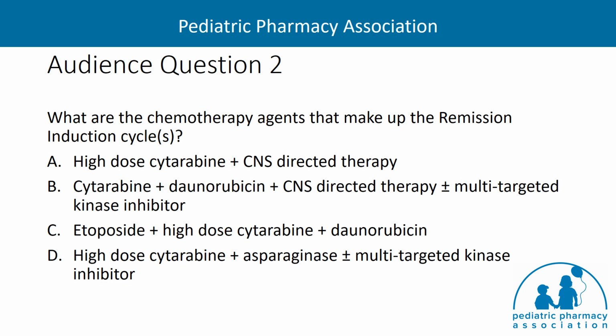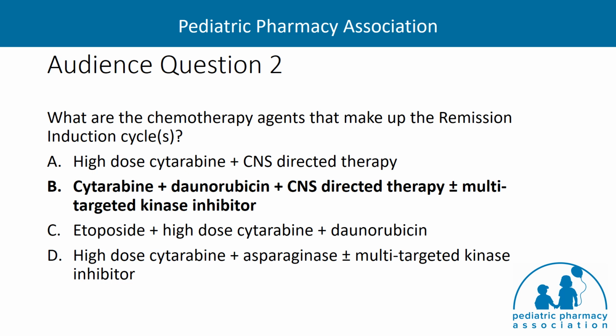And then D, high-dose cytarabine, asparaginase therapy, plus or minus multi-targeted kinase inhibitor therapy. And the correct answer is B. So cytarabine, daunorubicin, CNS-directed therapy, and then multi-targeted kinase inhibitor therapy if they have a FLT3 mutation.